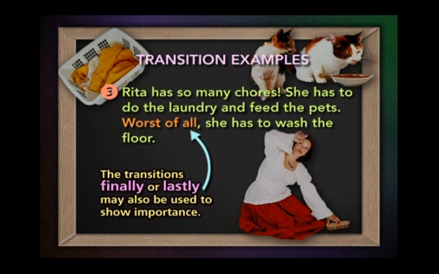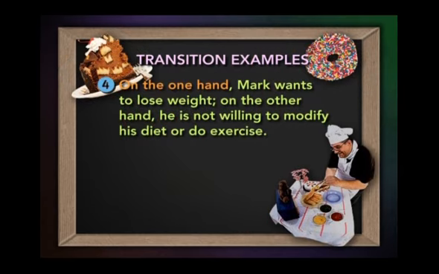So they show that I'm building from laundry, feed the pets, to the last one, she has to wash the floor. Number 4. On the one hand, Mark wants to lose weight. On the other hand, he is not willing to modify his diet or do exercise. I chose on the one hand and on the other hand.